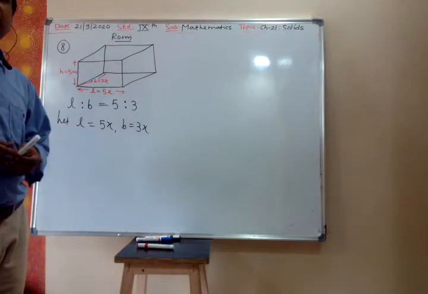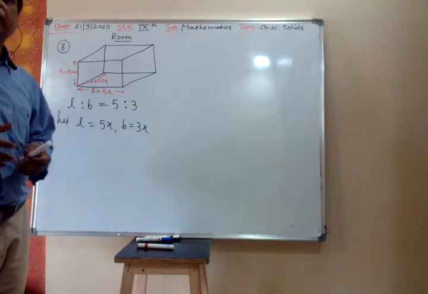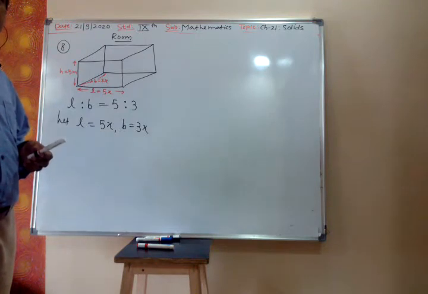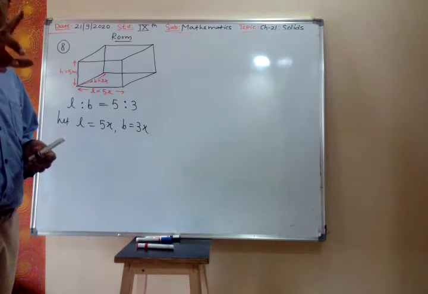It is not a cube, so how can you say 6a square? It is cuboid. Is it clear? So total surface area of the room of cuboid is 2 into LB plus BH plus HL.